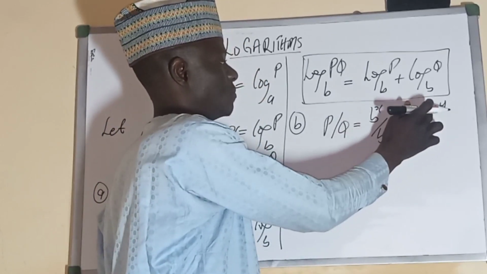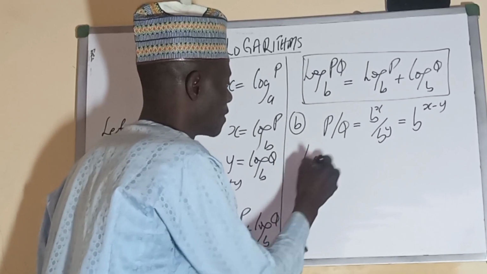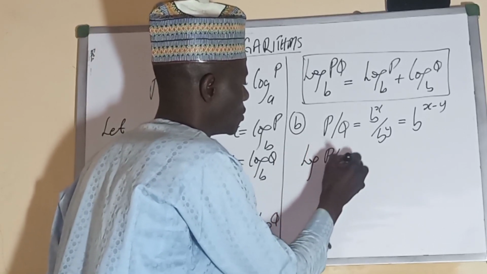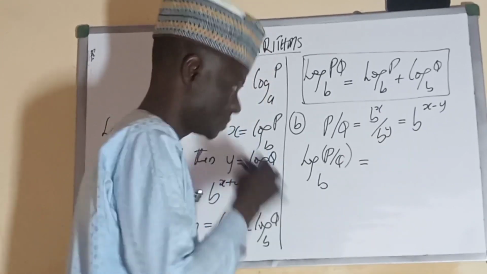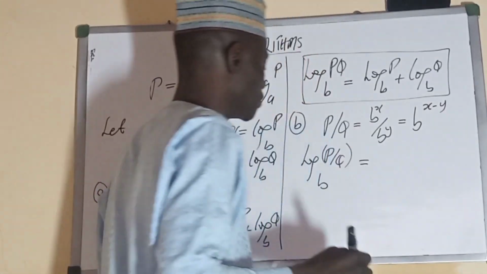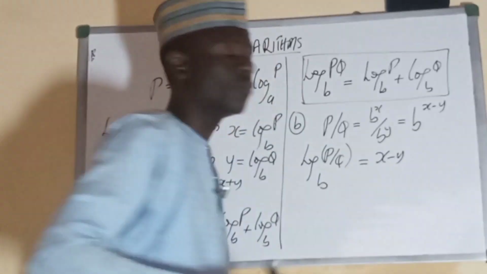So if we take the logarithm of p over q to base b, this will be the same as x minus y. I hope we are following.